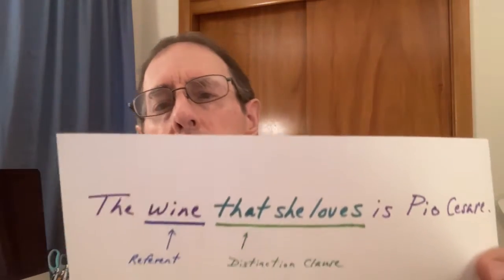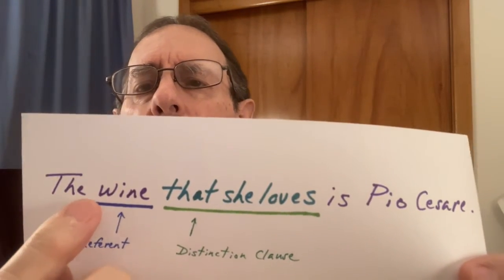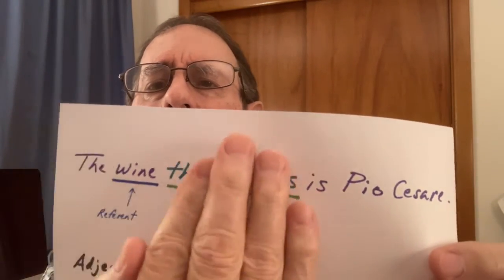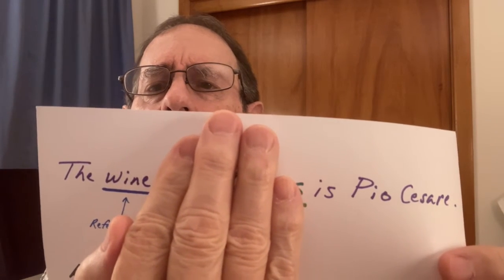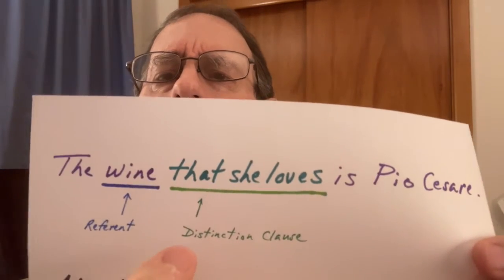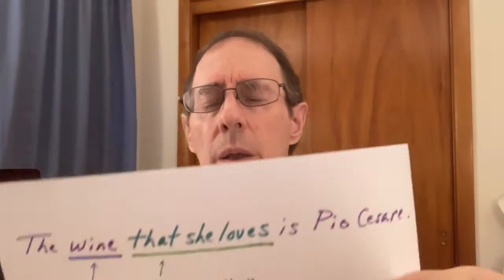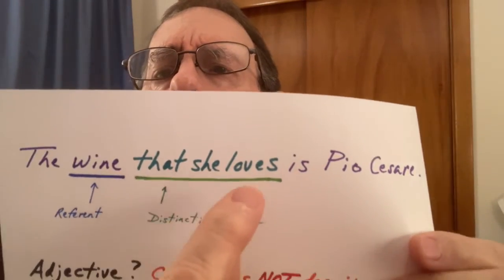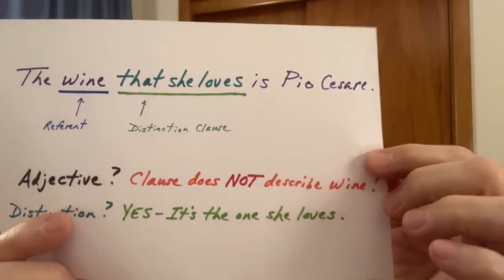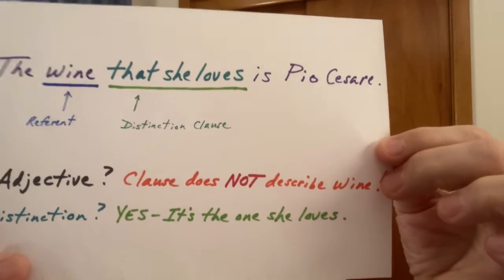All right, which I've had many times, though I don't drink. I've tasted it, but I'm not a drinker. So anyway, you see the wine is Pio Cesare. But when you throw in your distinction clause, which they used to call an adjective clause, you see that it tells you nothing about the wine.